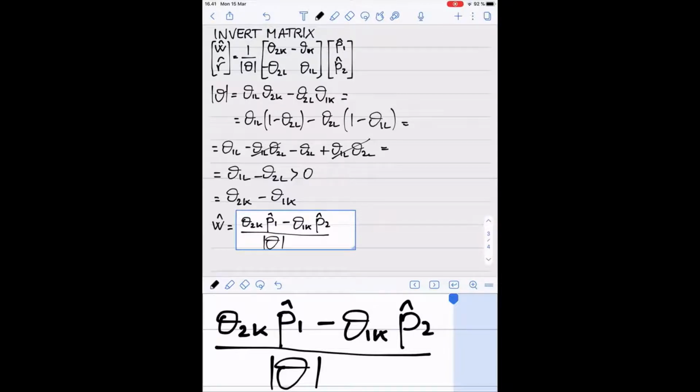So here we have at the numerator theta 2K and theta 1K. So it is useful to write the determinant as theta 2K minus theta 1K, as we just showed.